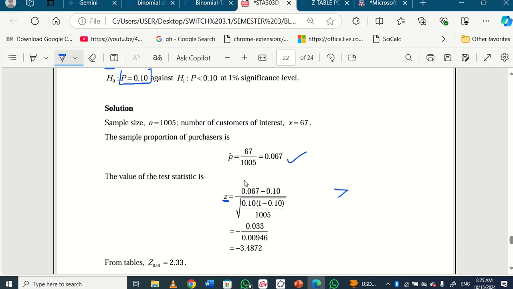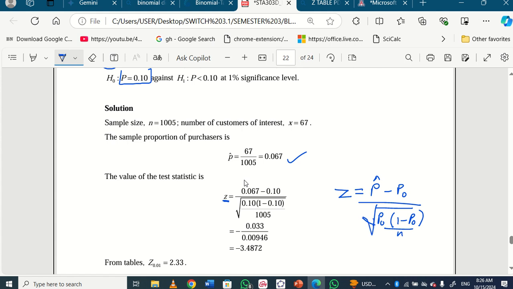Remember, the formula is z equals p hat minus p naught, where p hat is the calculated proportion and p naught is the hypothesized proportion, all divided by the square root of p naught into bracket 1 minus p naught, then over n.